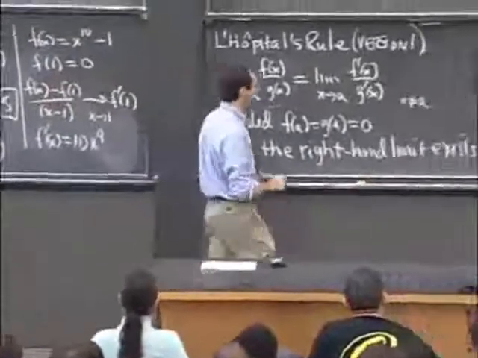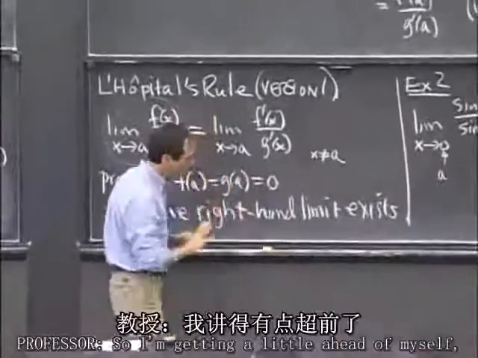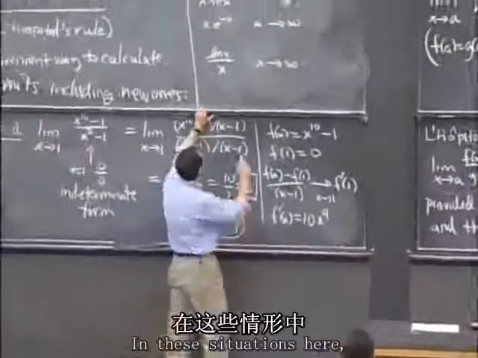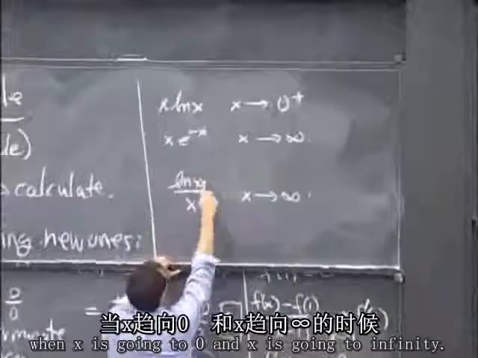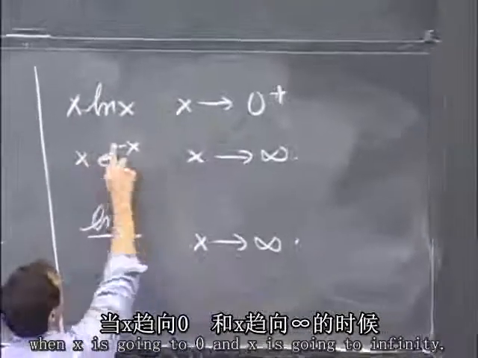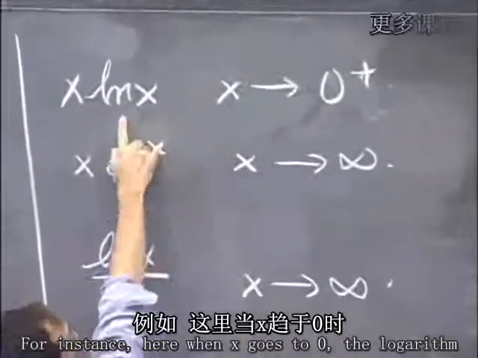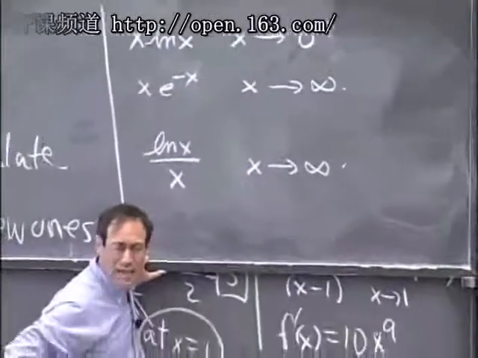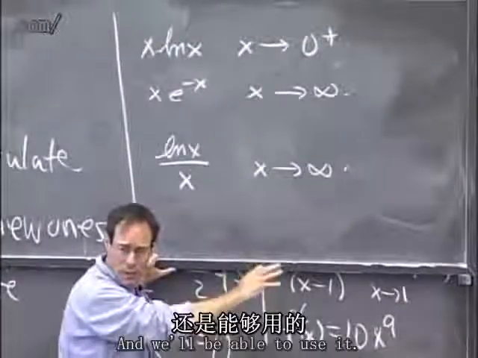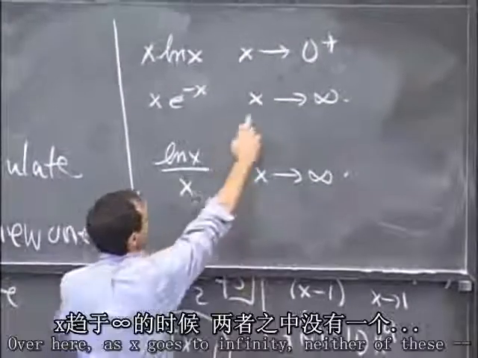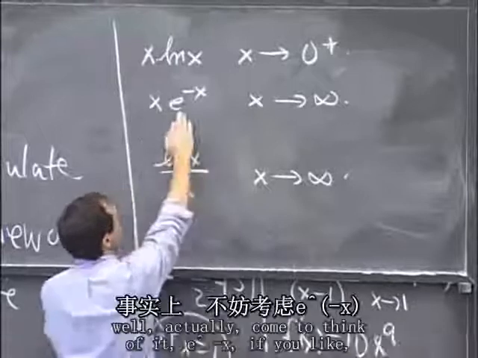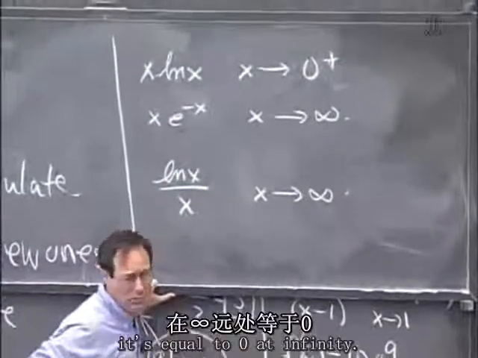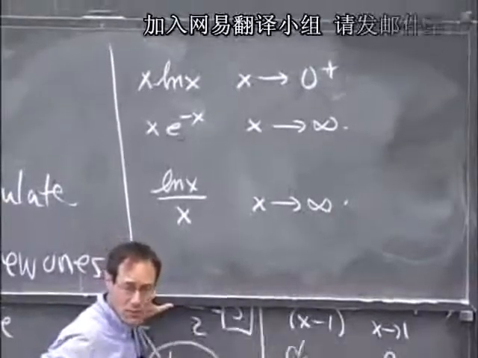It's just that it's okay. So I'm getting a little ahead of myself, but let me just say, in these situations here, when x is going to 0 and x is going to infinity, for instance here, when x goes to 0, the logarithm is undefined at x equals 0. Nevertheless, this theorem applies, and we'll be able to use it. Over here, as x goes to infinity, neither of these, well, actually, come to think of it, e to the minus x, if you like, it's equal to 0 at infinity, if you want to say that it has a value.